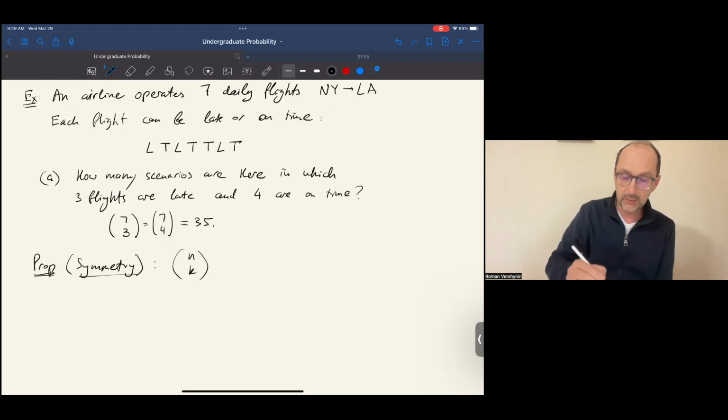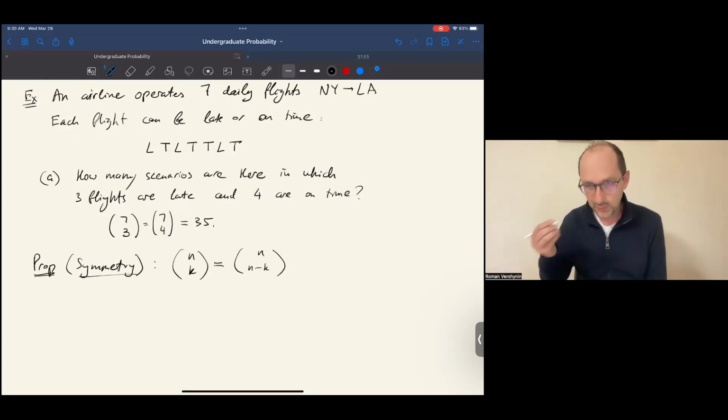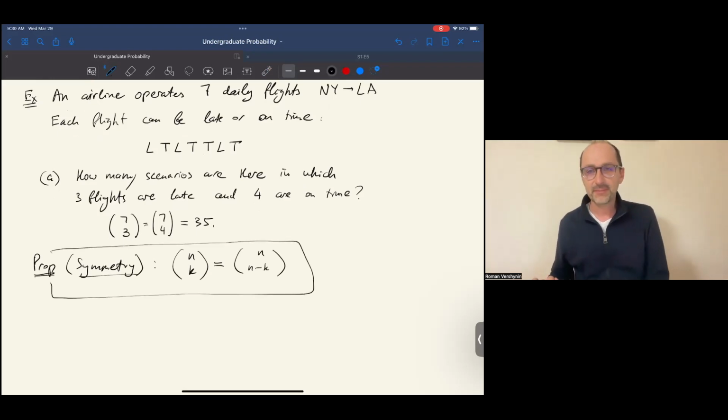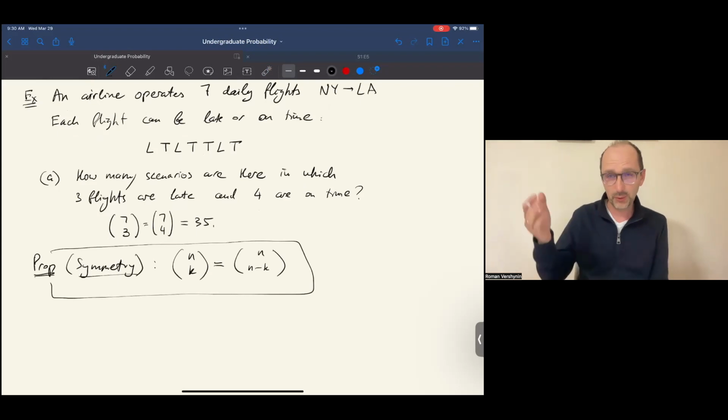N choose k, choosing the k late flights out of n, is the same as n choose n minus k, which is the number of ways to choose on-time flights. So this is always true. We actually proved it in a special case, but generally it's the same proof.